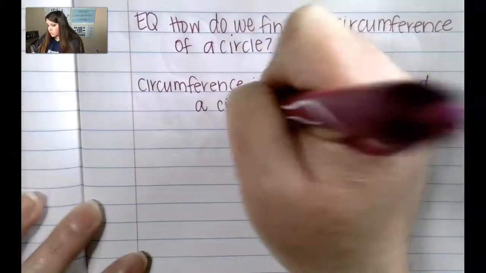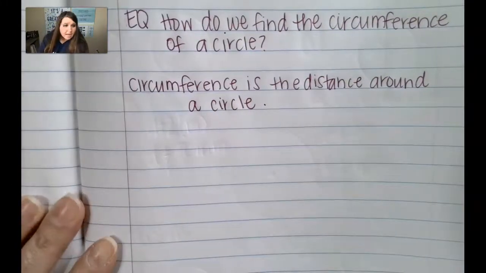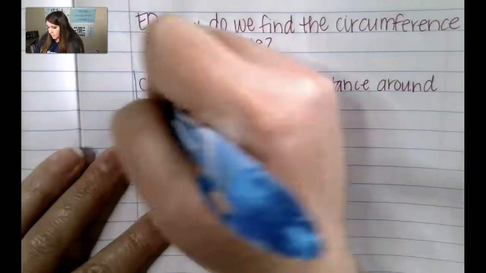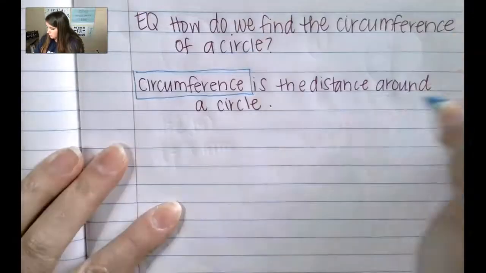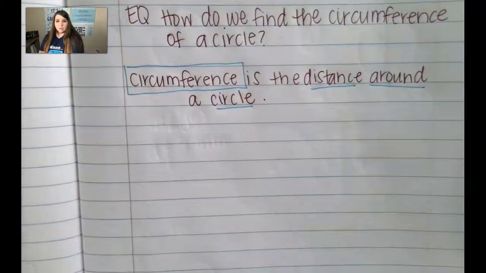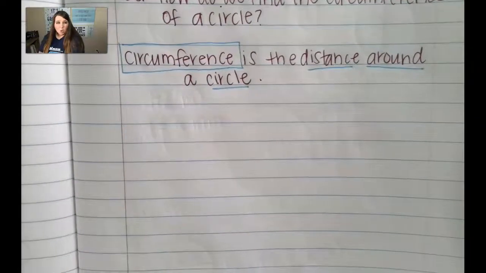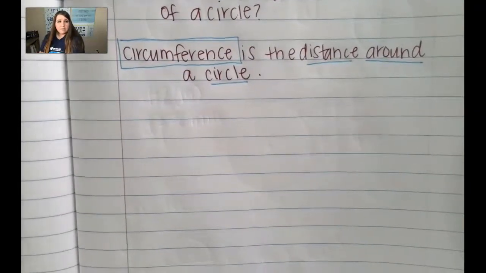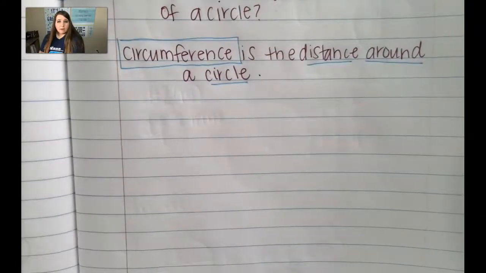So if we were to take a walk around the circle, the distance that we walk around the circle is the circumference. It's almost like a perimeter. Okay, so the circumference is the distance around a circle.